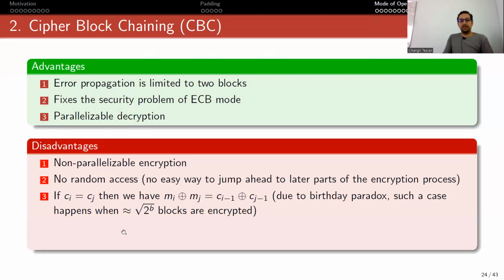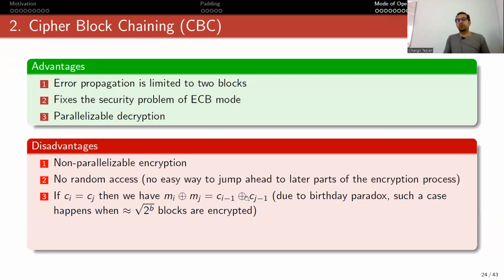And there's also a property coming from the birthday paradox. For instance, if 2 ciphertext blocks are identical, then the XOR of the corresponding message blocks is the XOR of these ciphertext blocks. And due to the birthday paradox, such a case happens when you encrypt about square root of 2 to the b blocks. So for this reason, if you encrypt a lot of plaintext blocks, at some point you will see some ciphertexts that are identical.